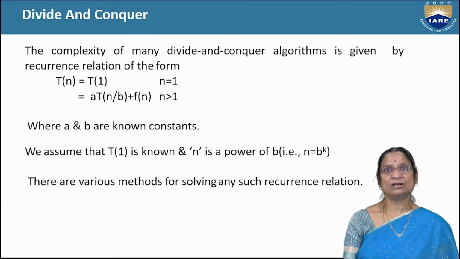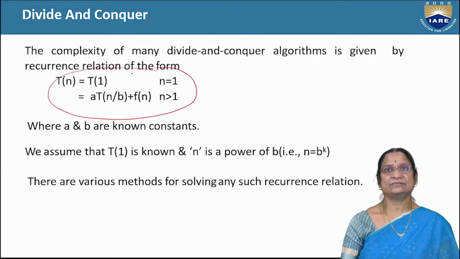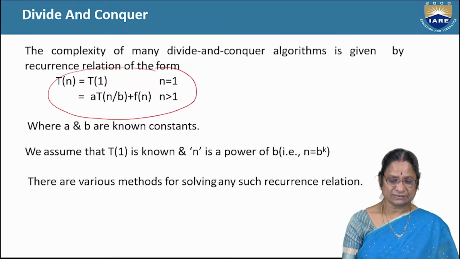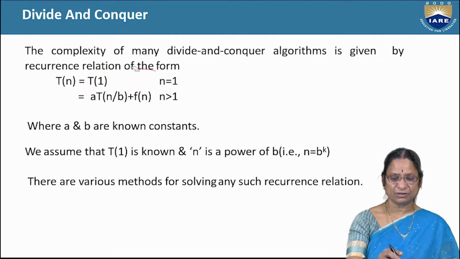So the complexity of many divide and conquer algorithms is going to be written in a generalized form like this. That is T(n) = T(1) for n = 1, or a T(n/b) + f(n), where a and b are known as constants. So this is the generalized method. n is the size of the input and a, b are going to be constants.